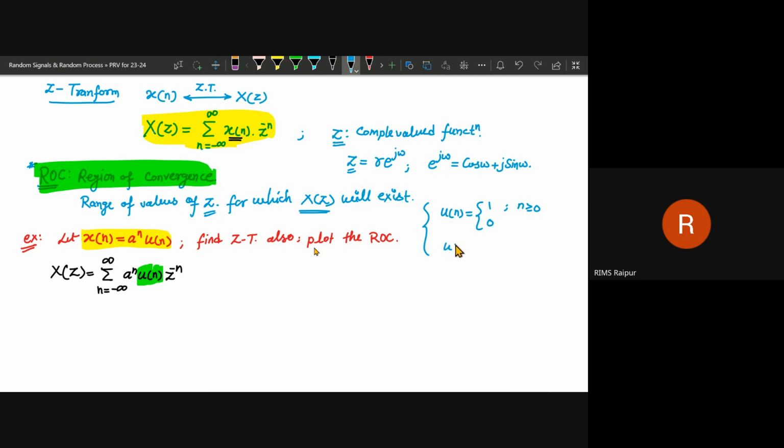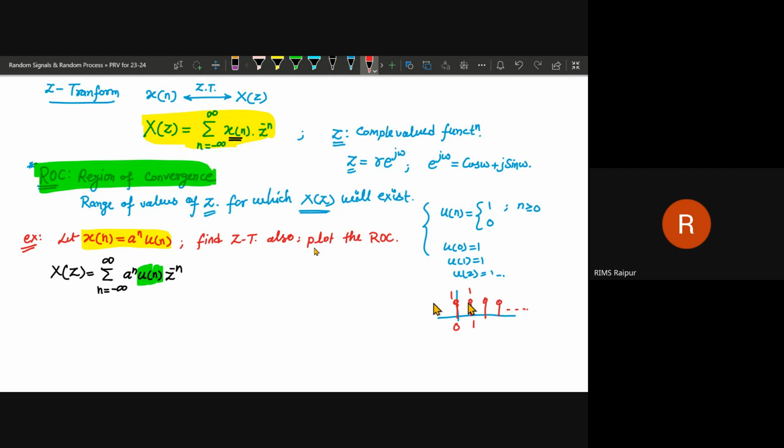Like u of 0 is equal to 1, u of 1 is equal to 1, u of 2 is equal to 1, like that. You might also be aware of the plot of this function. It looks like this. You will get an impulse of amplitude 1 at 0, again an impulse of amplitude 1 at 1, and so on. So the unit sequence looks like this.